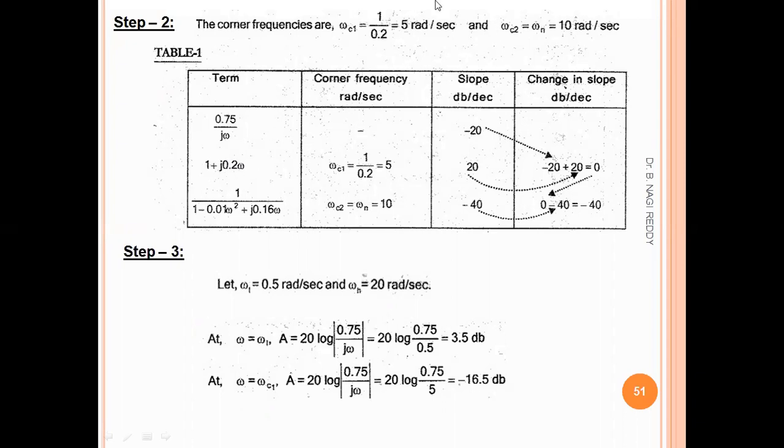So the corner frequency will be 1 by 0.2, because we know the general relation between frequency and time. Here the coefficient is in terms of time, so frequency will be 1 by time. So 1 by 0.2 is nothing but 5. So corner frequency 1 will be 5 radians per second. Similarly, the second corner frequency will be calculated by using this term.